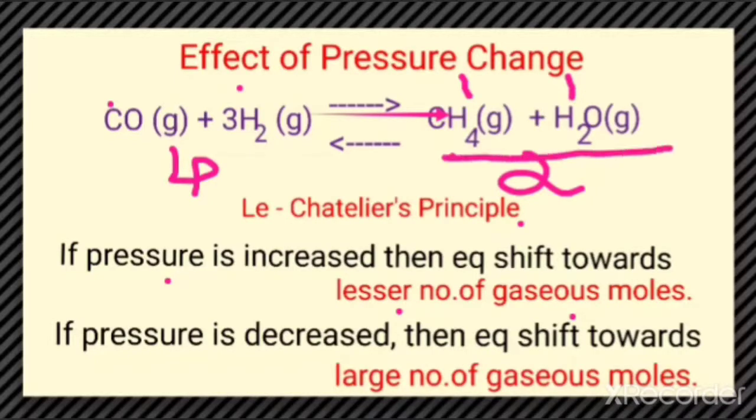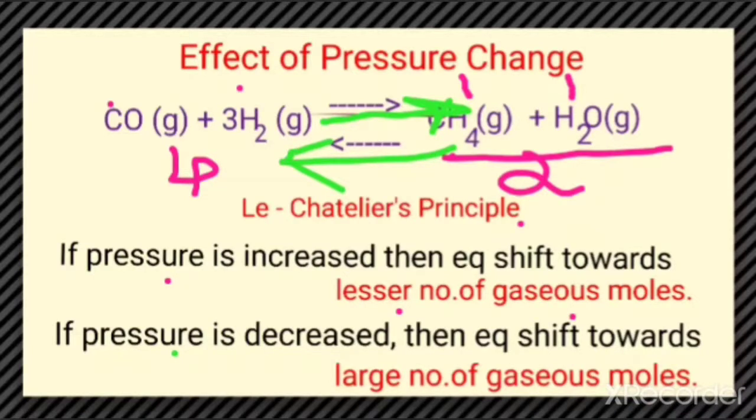That is on the product side. So the equilibrium gets shifted in the forward direction. But when the pressure is decreased, the equilibrium shifts towards the larger number of gas moles. That means the equilibrium shifts towards the backward direction.